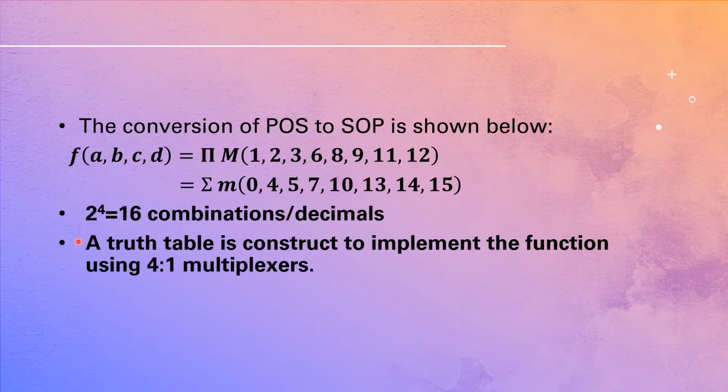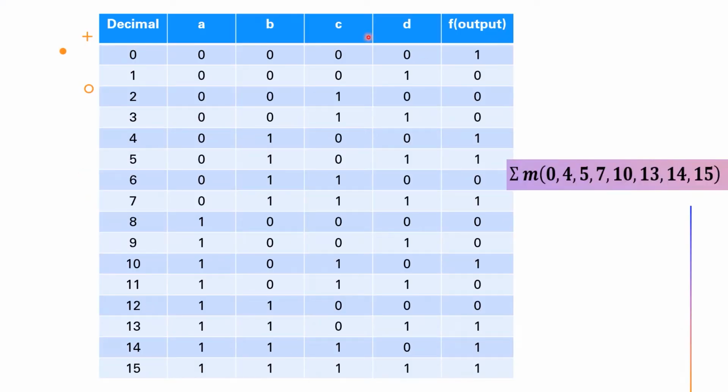Next, a truth table can be constructed to implement the Boolean function using the 4 to 1 multiplexer. This is the truth table for the Boolean function, and we have 16 decimals from 0 to 15. Variable a represents the most significant bit, while variable d represents the least significant bit. We have an extra column for the variable f, which represents the output.